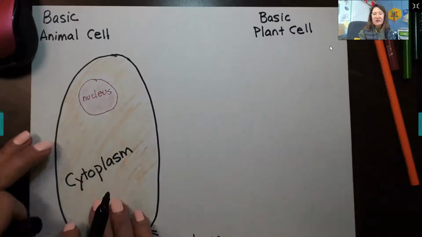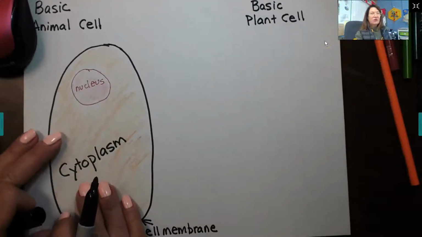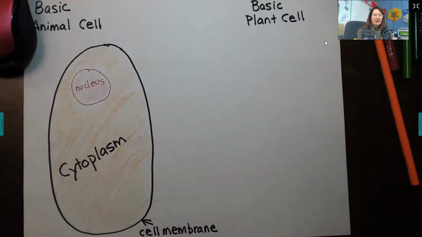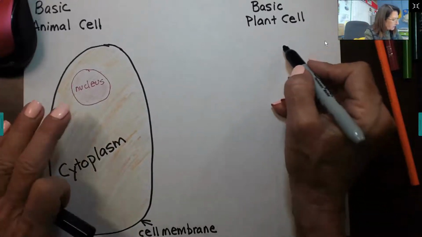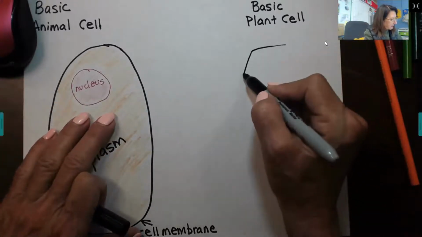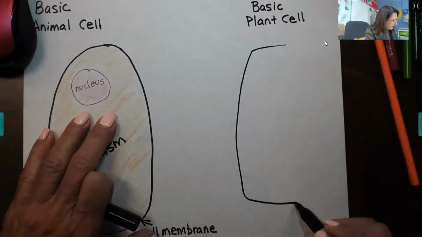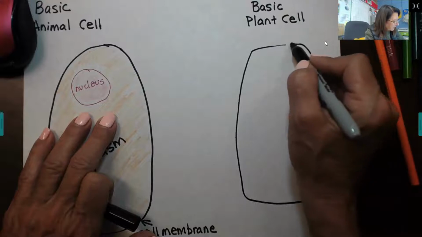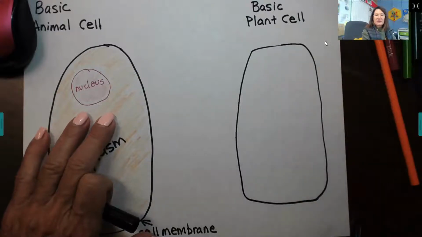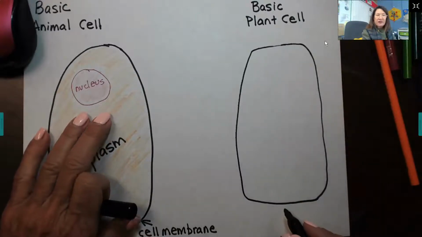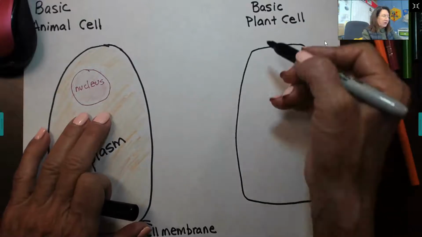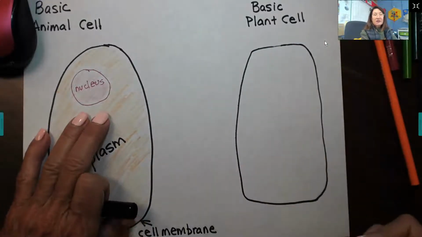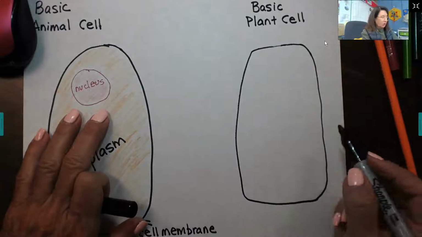Okay, so here it's more like a rectangle. So I'm going to draw a rectangle. Like this. And this will be my cell membrane. Now I'm going to draw an outer line around it, and that's what's going to be my cell wall.